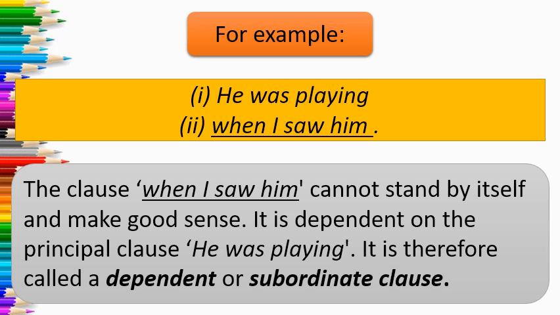But on the other hand, subordinate clause or dependent clause contains a subject and a predicate of its own, but it begins with a subordinating conjunction, making its meaning incomplete. So this is the difference between main clause and subordinate clause.